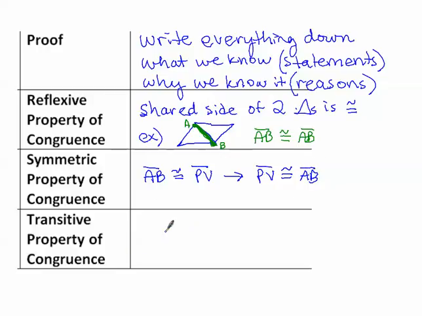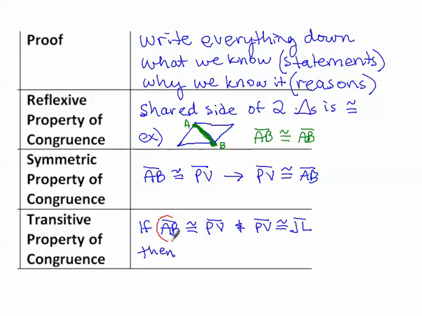Transitive property, another one we don't see too often, but it basically looks like this. Transferring one statement onto another. If AB is congruent to PV and PV is congruent to JL, then, well, how do we transfer the one statement onto the other?